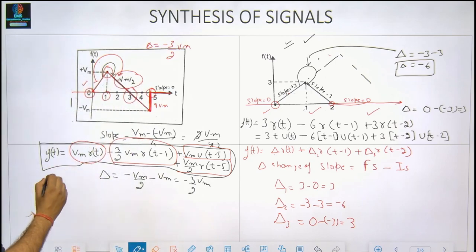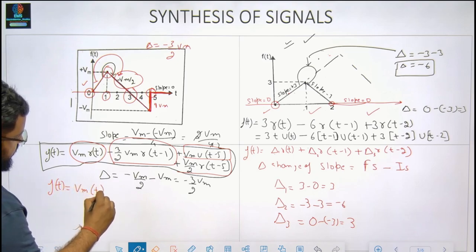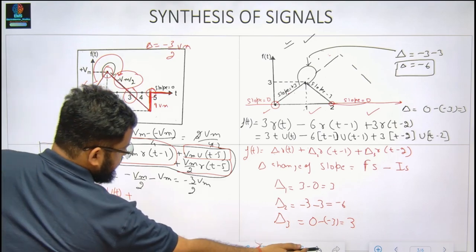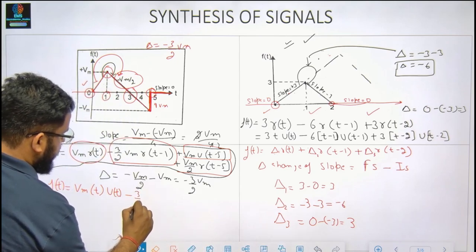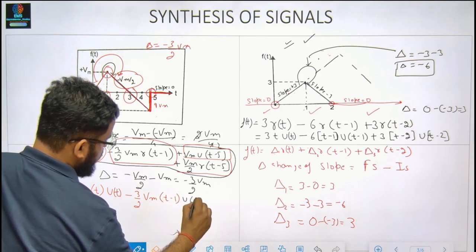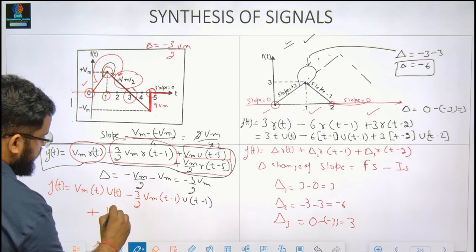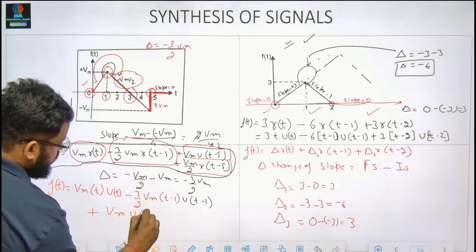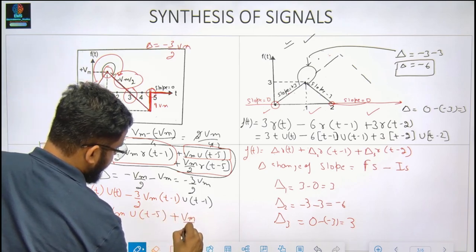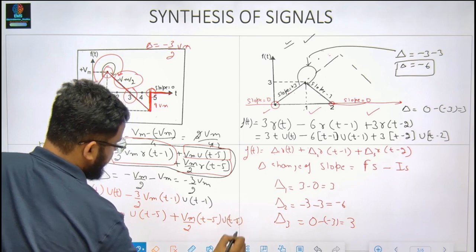So again, if I have to write the complete equation for this, f(t) is Vm t u(t), minus 3 by 2 Vm (t minus 1) u(t minus 1), plus Vm u(t minus 5), plus Vm by 2 (t minus 5) u(t minus 5).